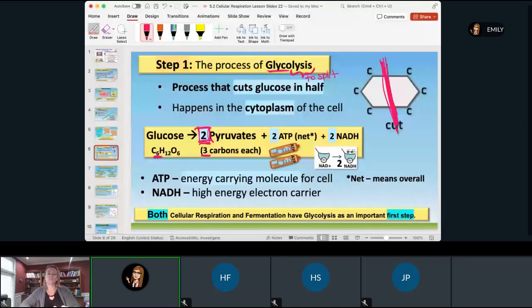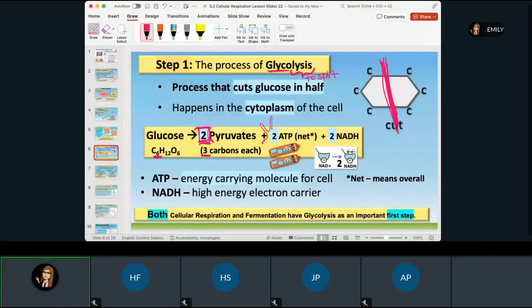We get a net of 2 ATP and then we get 2 NADHs. Now, we're going to be using NADH instead of NADPH. NADH is your full train, and NAD plus is your empty train. These are just electron carriers.